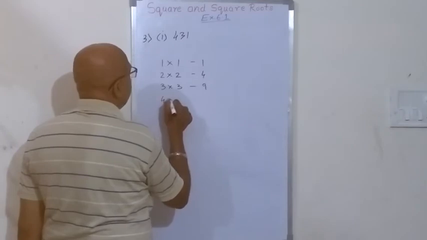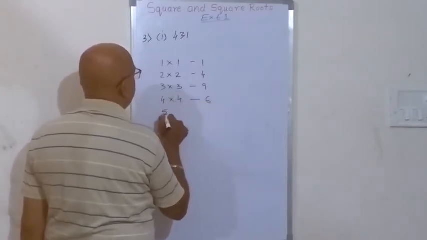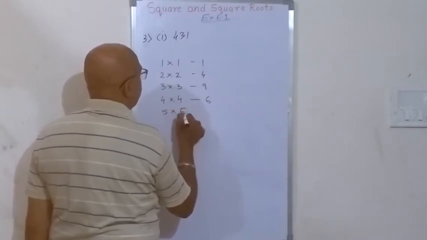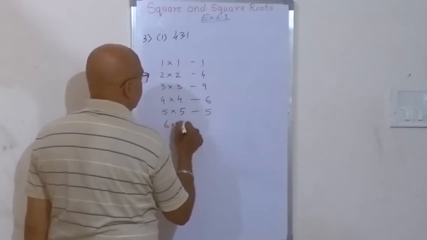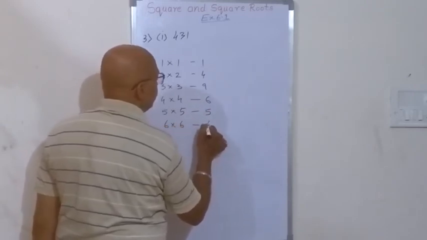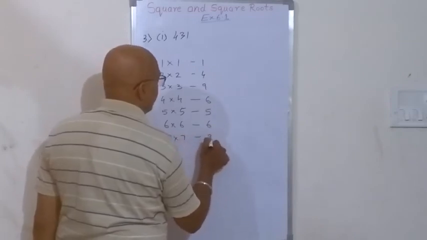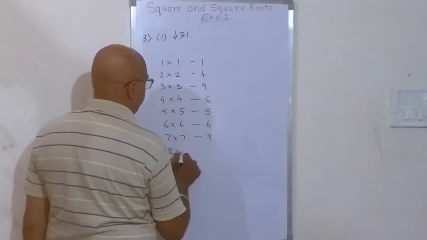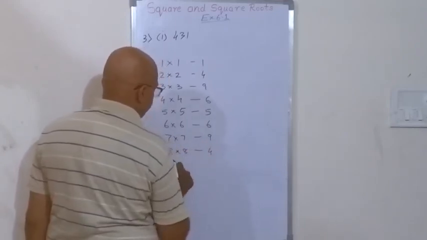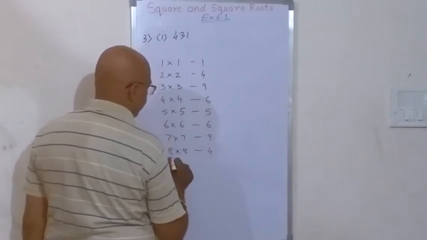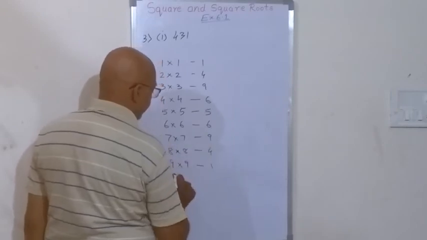Then 4, the unit place will be 6. 5 into 5, the unit place will be 5 again. 6 into 6, the unit place will be 6. 7 into 7, the unit place is 9. 8 into 8, the unit place is 4, because 64. 9 into 9, the unit place is 1.